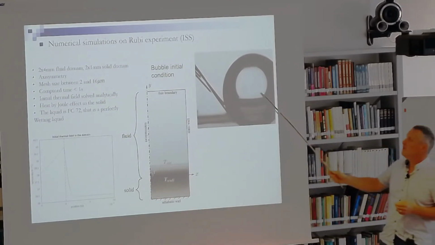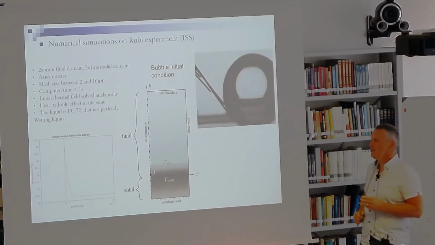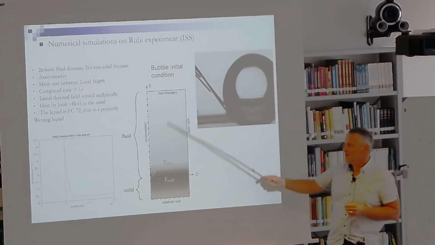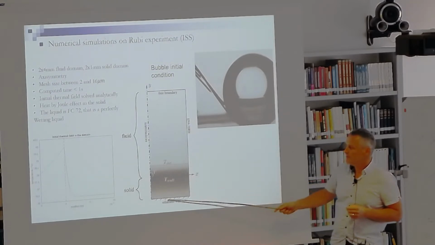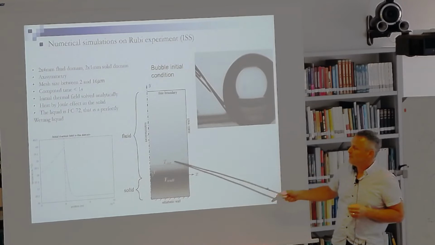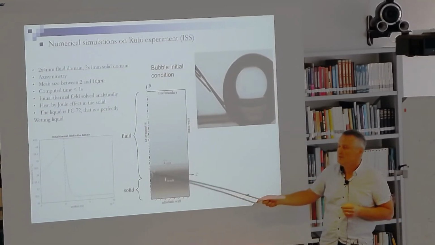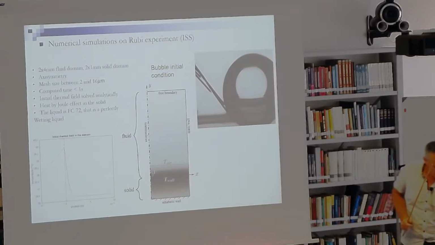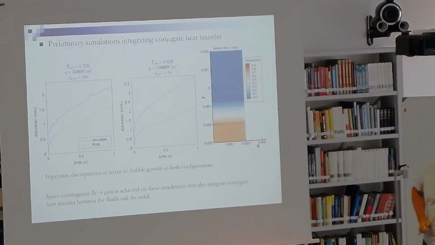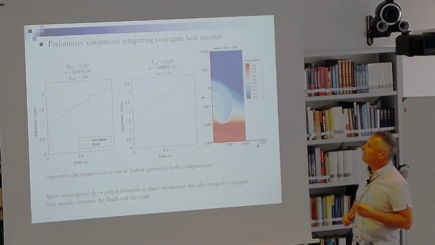Here we have just a picture of the droplet which is growing in microgravity condition. And here a sketch of the numerical simulation with the wall which is solved, the saturation temperature in this part, and the bubble which is growing in this thermal boundary layer. The first results we have obtained are the following in this animated movie.